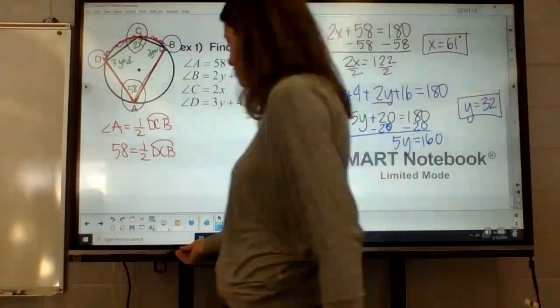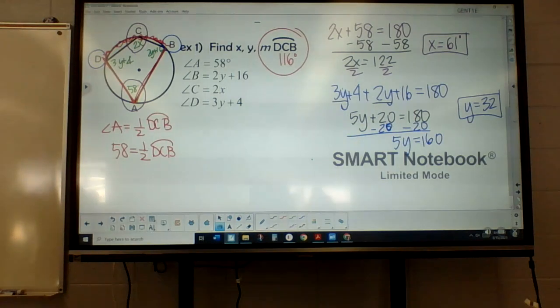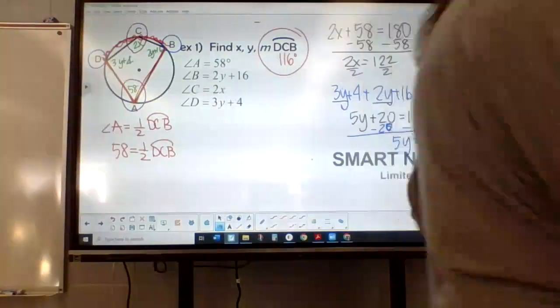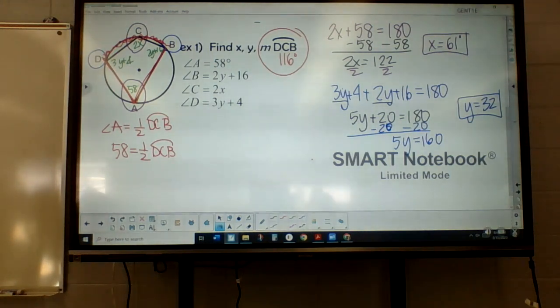No, I thought we were dividing, not times. So the angle is always half of that arc that goes with it. And again, a lot of this stuff, when you see it with numbers, I think it's logical, but it also would be really easy to make a silly mistake by setting things equal rather than supplementary.